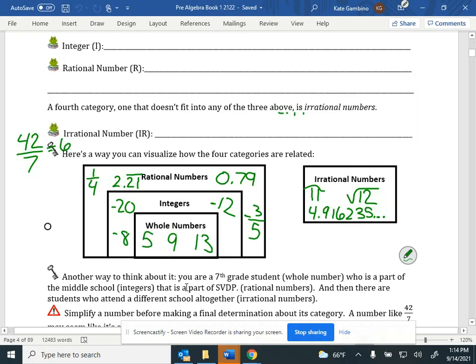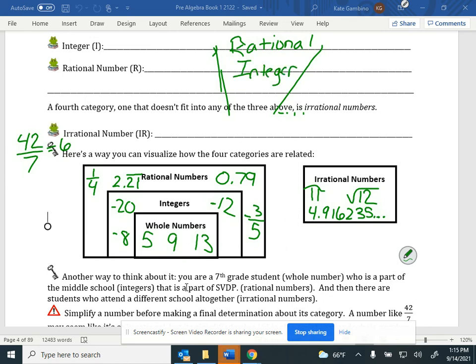Okay. So remember, if it starts over at the top, it's just that rational number. So picture it like this. It can be rational, but if it's really big like this, it's not going to fit down the filter unless it's an integer. And then our whole number. So the rational is really big. If you can narrow it down, like going from 42/7 to 6, so that's going from that integer down to that whole number.